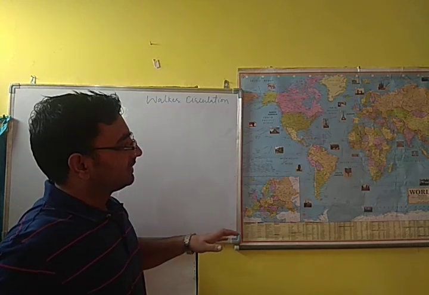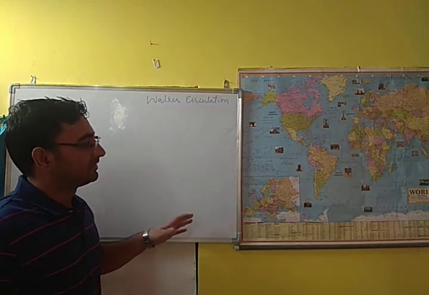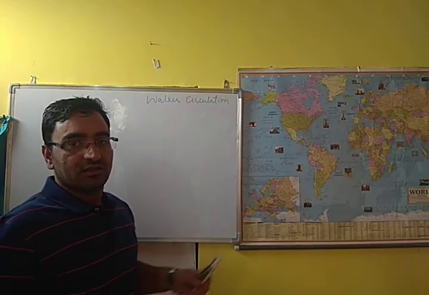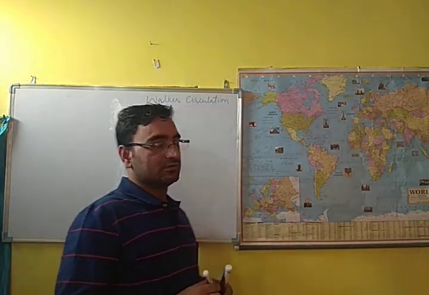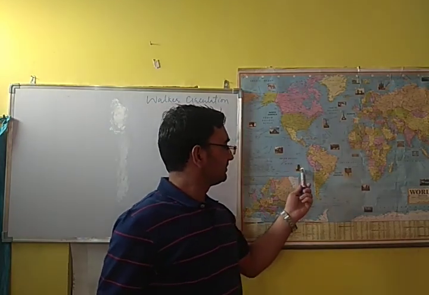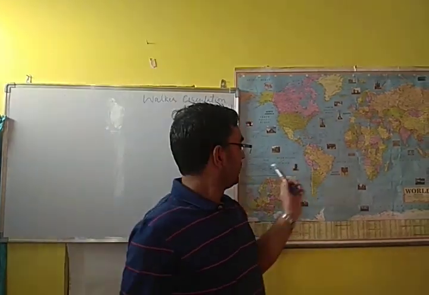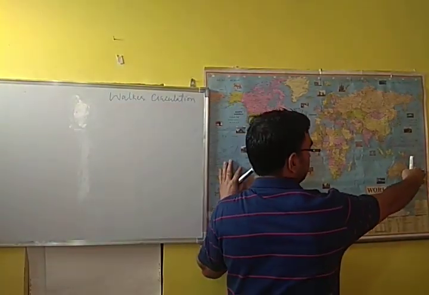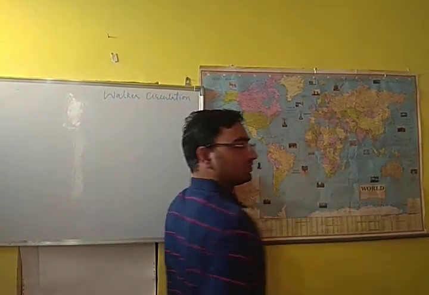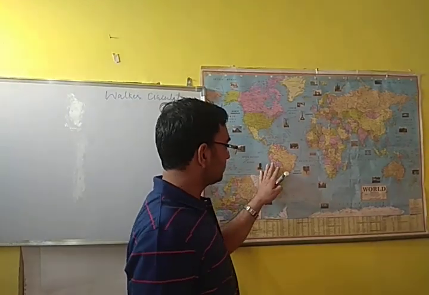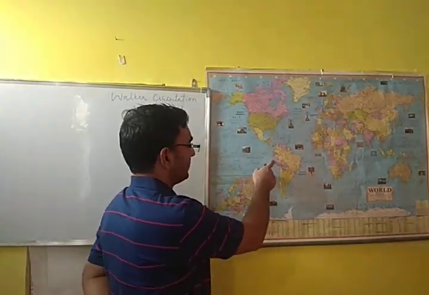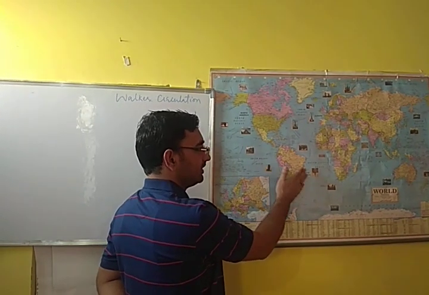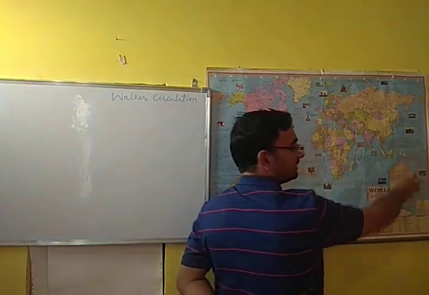So let us go to the Pacific Ocean. If we see the Pacific Ocean, this is the Pacific Ocean on the map. It extends up to the eastern coast of Australia. In this Pacific Ocean, we have South America on the eastern side, and Australia on the western side.